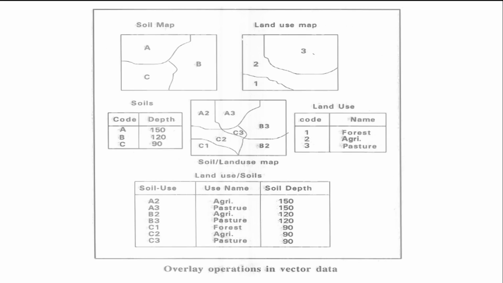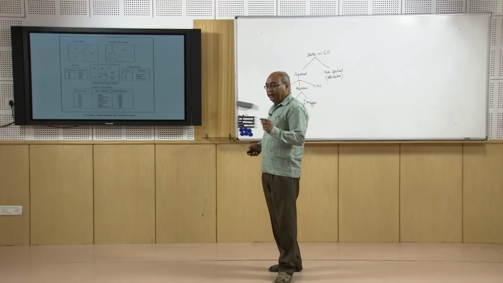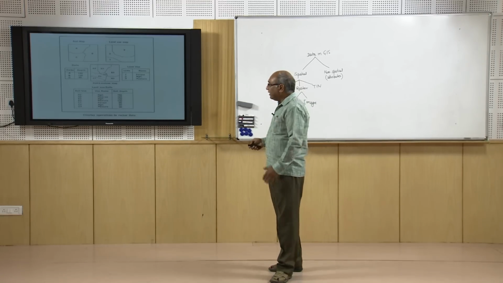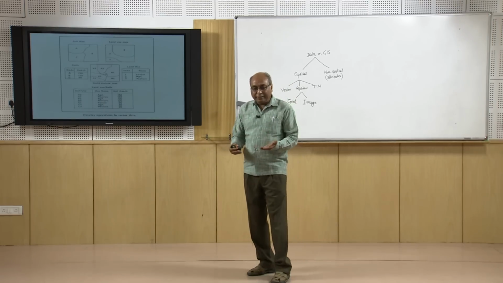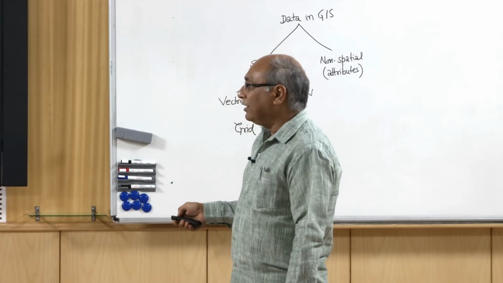Some have become very small, and imagine that if you are having 30 units in one map and say 30 or 40 polygons in another map, and you perform such overlay operations, then you will end up with hundreds of such polygons, and therefore the interpretation of such maps becomes difficult. In earlier versions of GIS, even overlay of 2 vector polygon maps was not very easy, but nowadays it is not that difficult.